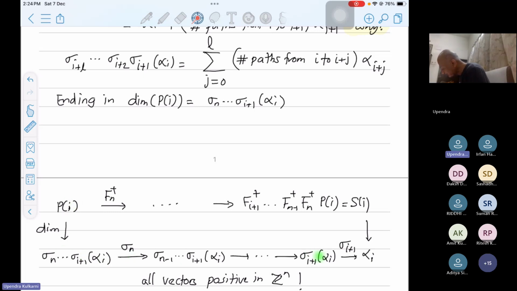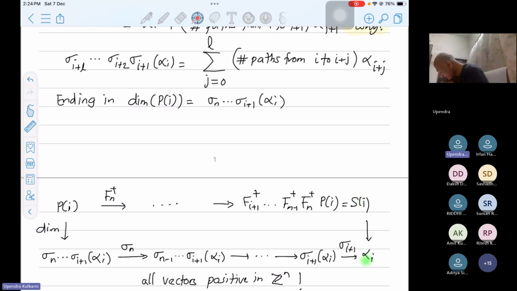But you see all the vectors down here, they're positive vectors. Okay. And what that means is that if I take this Pi and apply the reflection functors pluses now, Fn plus, Fn minus 1 plus, and so on and so forth, then I'm going to end up with whatever was the representation over here.